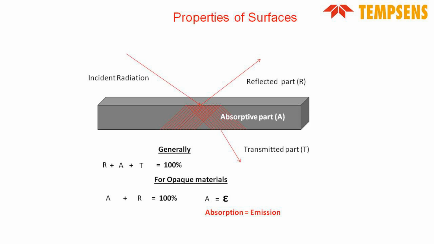Properties of surfaces: basically there are three kinds of properties in any object. If incident radiation falls on the object, it will reflect some part of it, absorb some, and transmit some, and the absorbed infrared radiation is equal to emission.